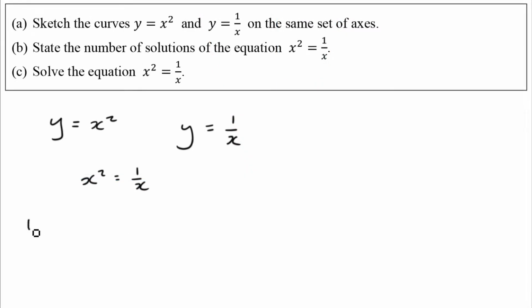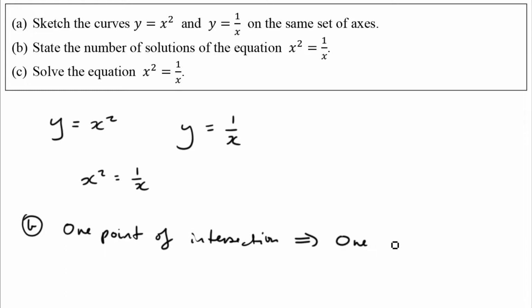Therefore, for part B, we could say that because there is just one point of intersection, that means that there is only one solution to the equation x squared is 1 over x.